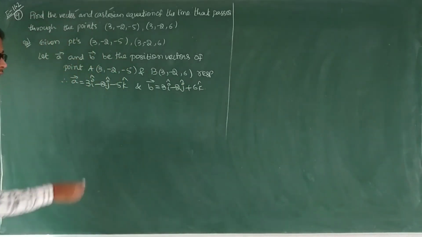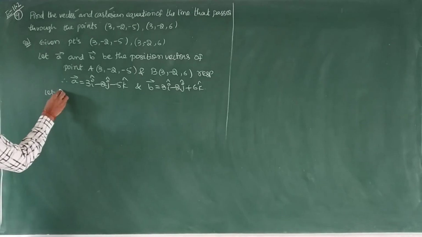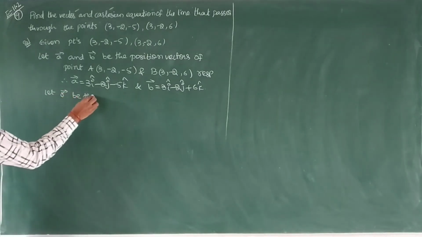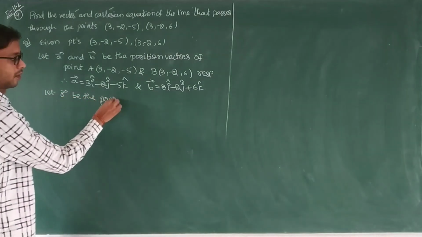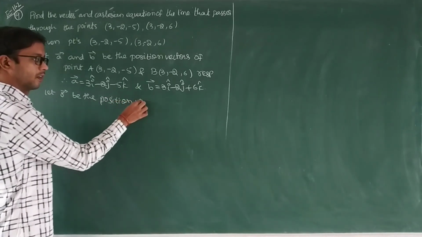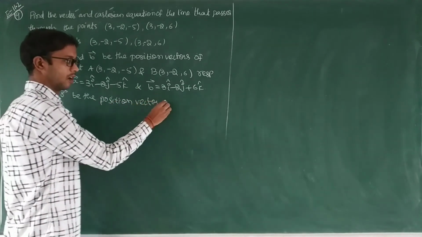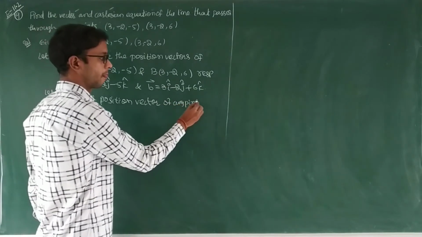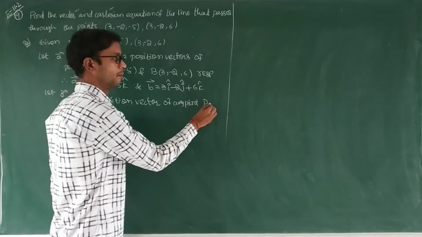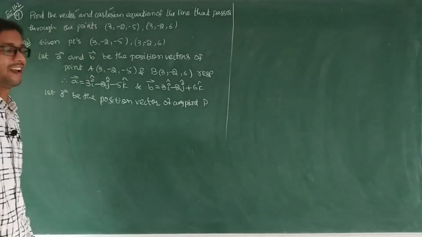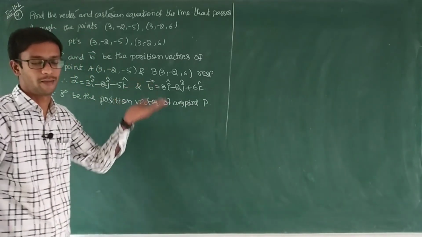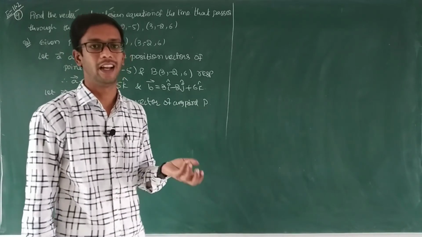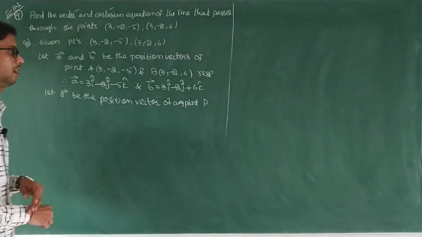Now let r bar be the position vector of any point P on the line.